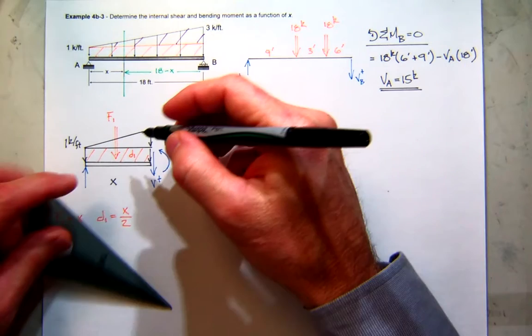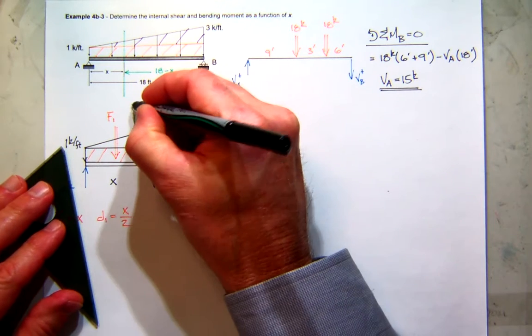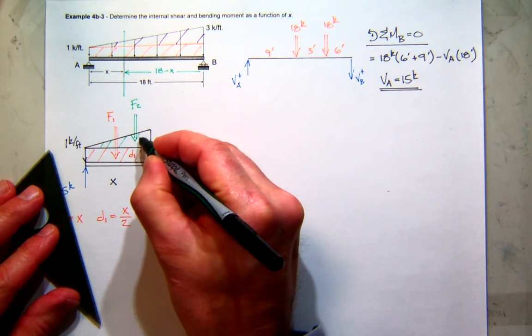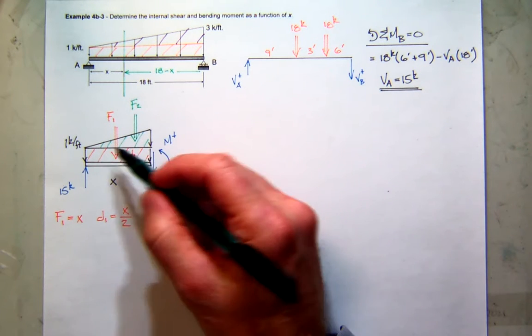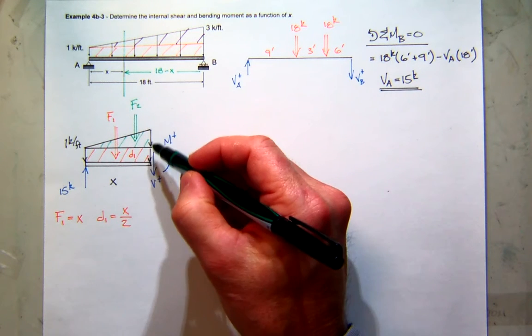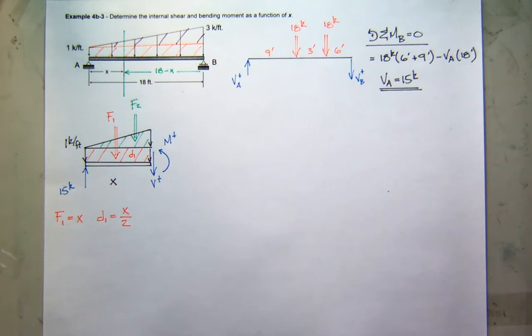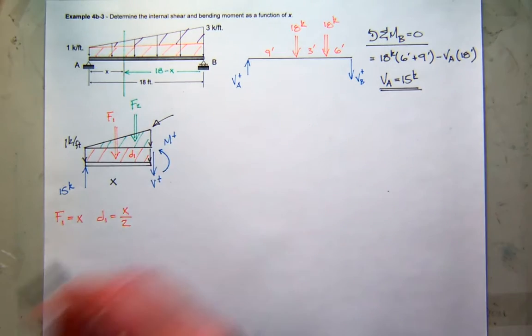Now we've got to figure out this force F2, which will be the triangular part, right? So it's going to be 1/2 the base x times the height. Oh, we've got to find the height. How are we going to find the height? So what is the value of the load at any position x?